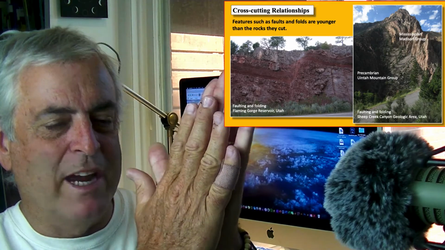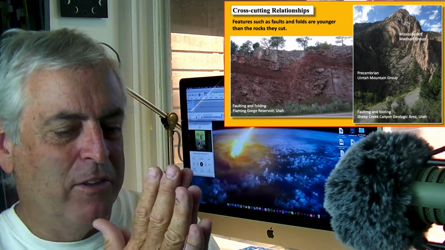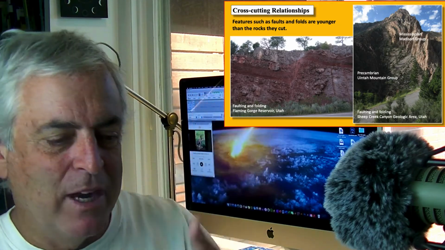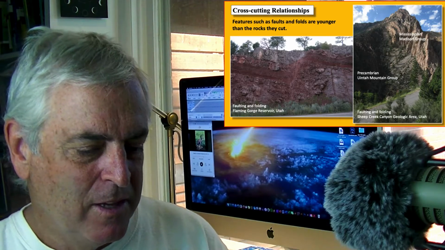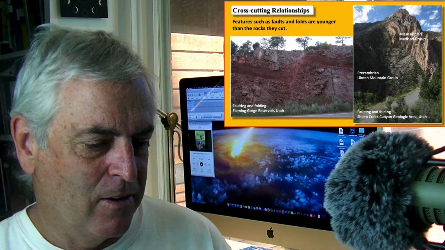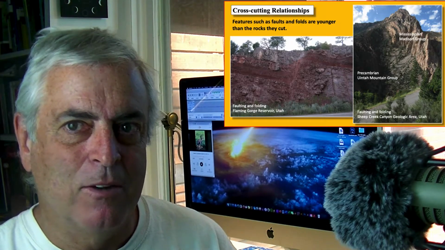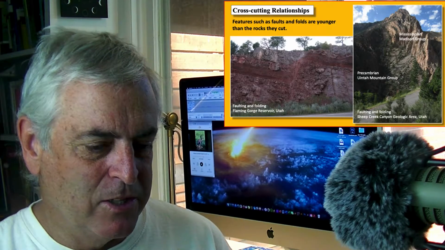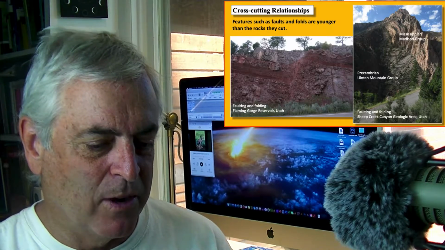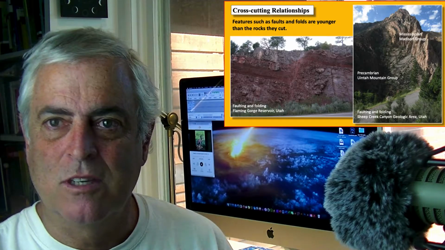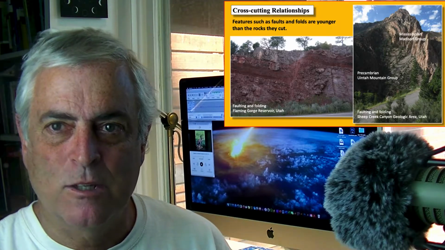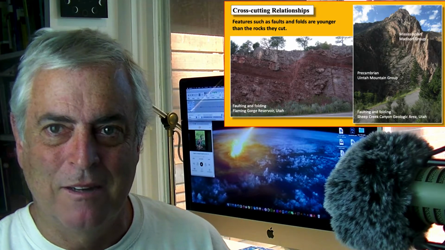Well, they were dragged down, I guess you could say. All of these rocks were uplifted on the left-hand side, but they were dragged down on the right-hand side and then folded as well. And their vertical orientation there, they didn't get laid down that way because of original horizontality. But in fact, the cross-cutting relationship here is that it broke the rocks and places those in fault contact with one another. The fault itself has to be younger than both of those rocks then.